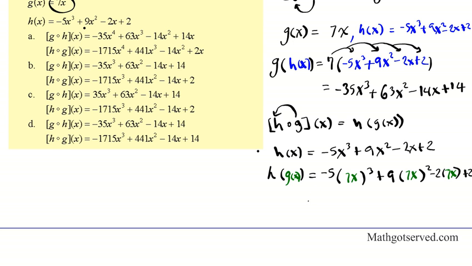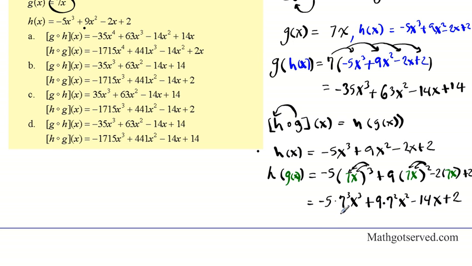So this becomes negative 5 times 7 to the third, x to the third. So you distribute this third power to both terms, to the 7 and to the x. All right, plus 9 times, you're going to square the 7 and the x also, so 7 squared x squared, minus 2 times 7 is just 14x, plus 2.